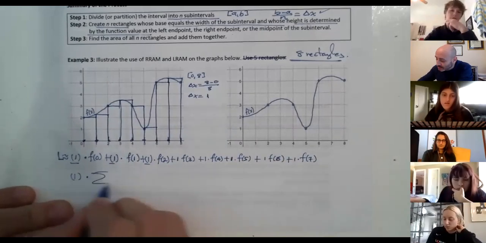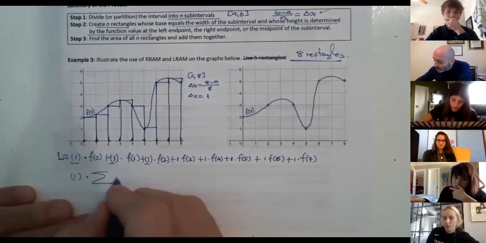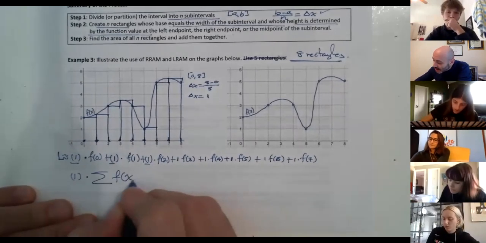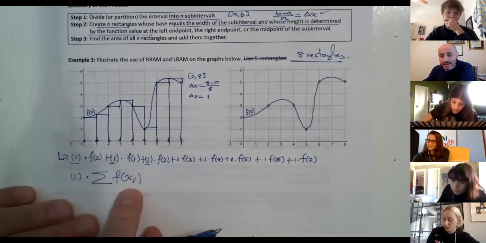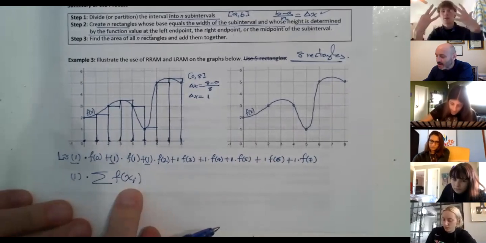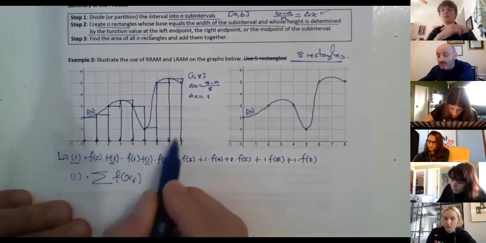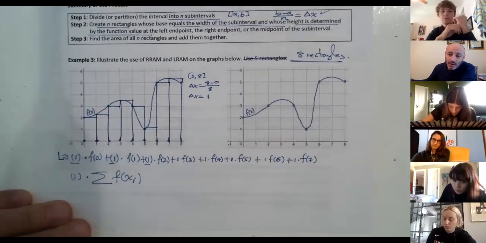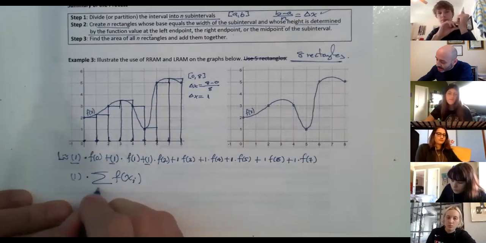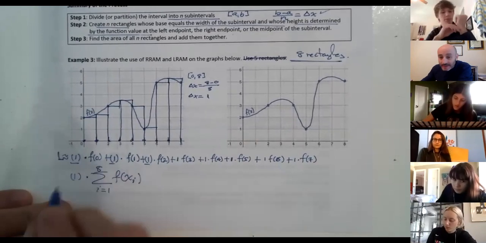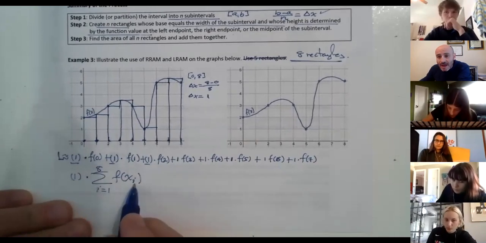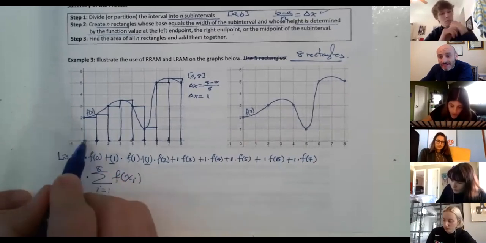Times the sum of f of x sub i, where i represents the subinterval. How many subintervals do I have? 7, right? 1, 2, 3, 4, 5, 6, 7. I'm sorry, 8. I'm using 7 points because I'm using the left point. So i from 1 to 8. This f of x sub i represents the left-hand point.